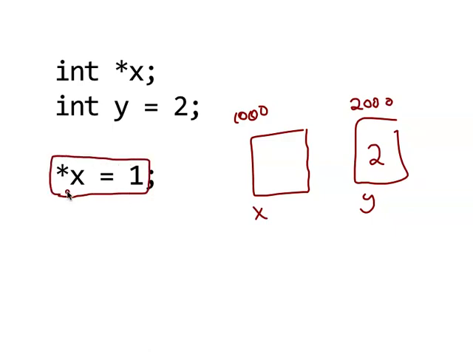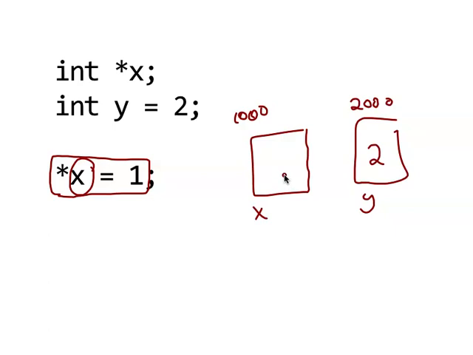So what will happen? Okay. Star x equals 1. So this means that you look up the box x, right? You look at the content, and then you follow the content. But what is wrong here? Yes, what is wrong? It's not initialized, very good. So this box hasn't been initialized for anything.